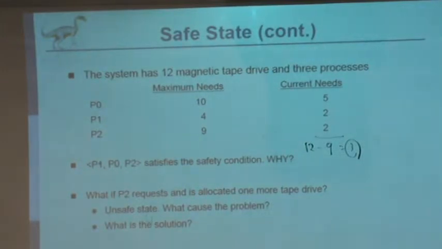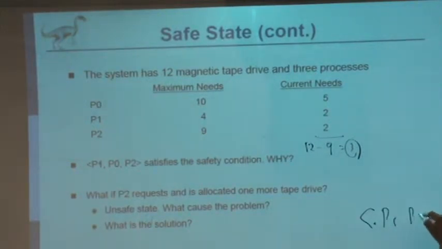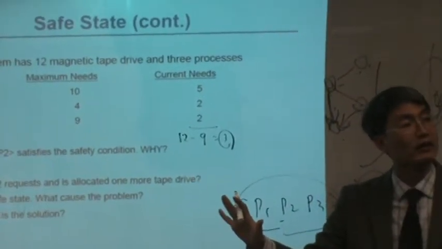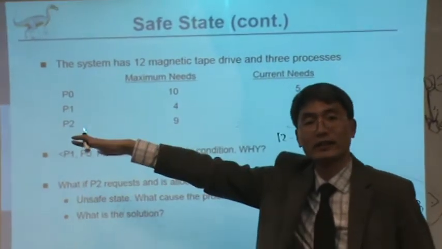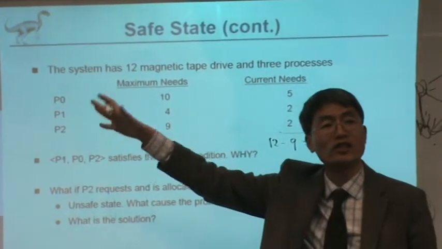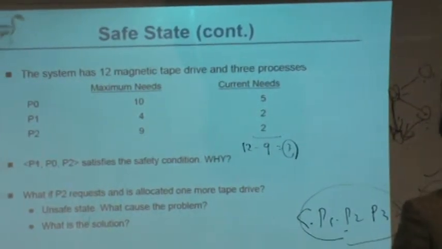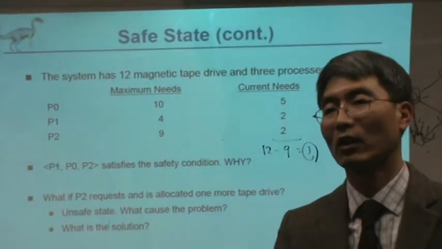If you can find a sequence of processes, whatever order, P1, P2, P3, that finishes without deadlock, this is called a safe state. The safe state means without deadlock. Our goal is to find whether it is a safe state or not.